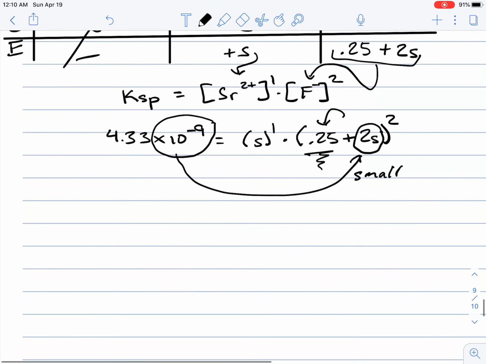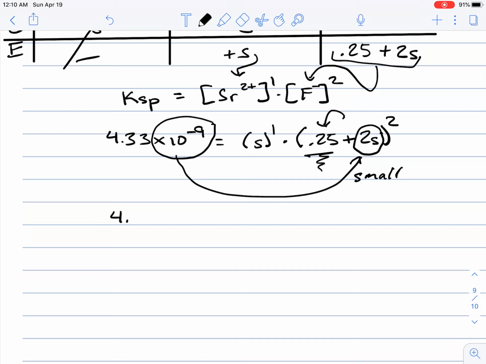And so what I'm getting at is being able to ignore the 2s because the magnitude of the Ksp is far, far less than 1. And so what I get is s times 0.25 squared.